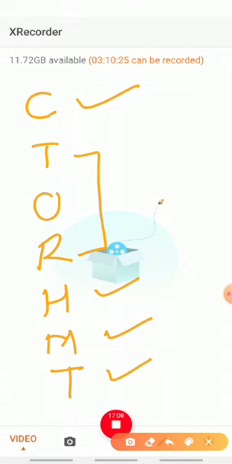T means tetragonal. O means orthorhombic. R means rhombohedral. H means hexagonal. M means monoclinic. And T means triclinic.